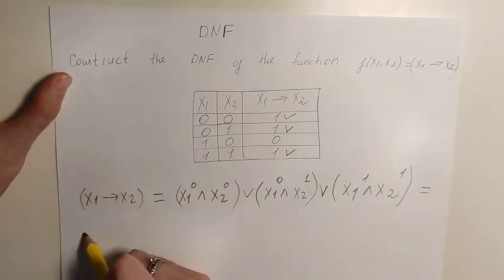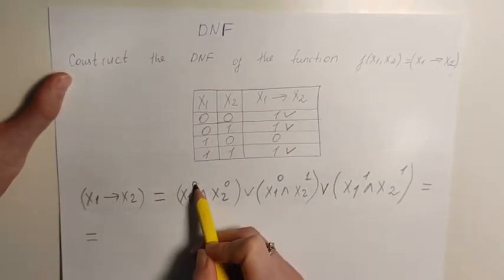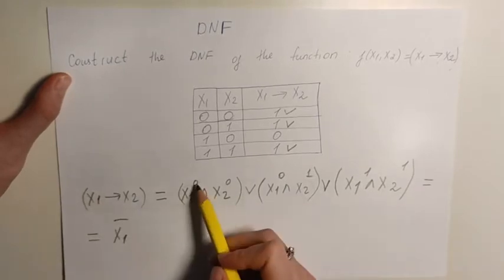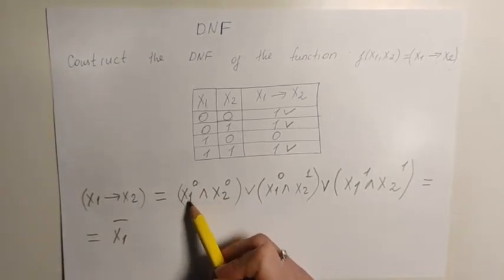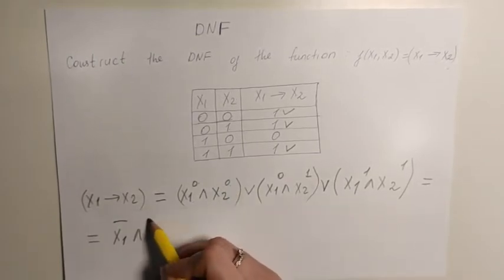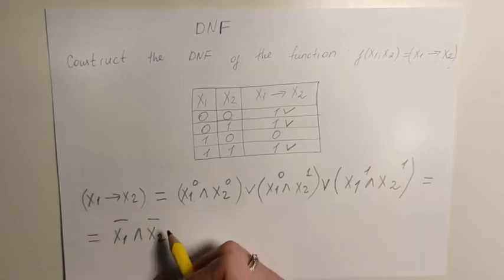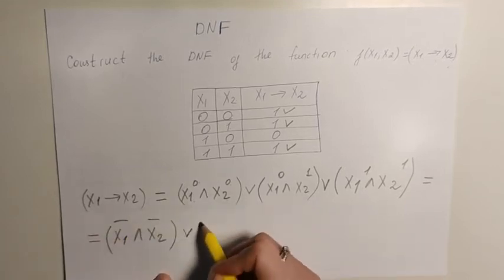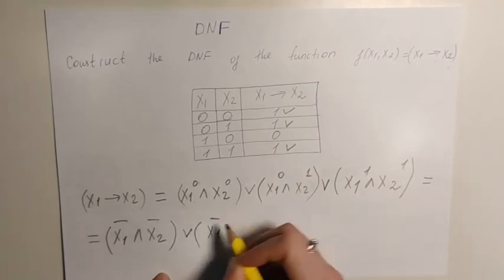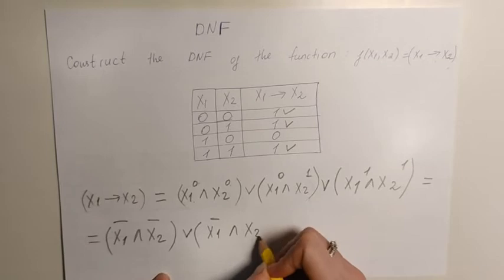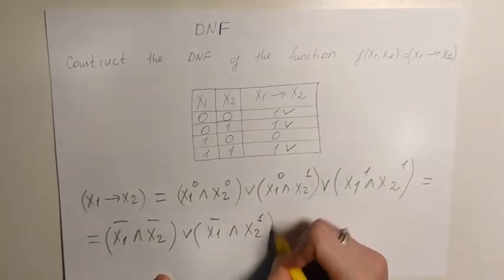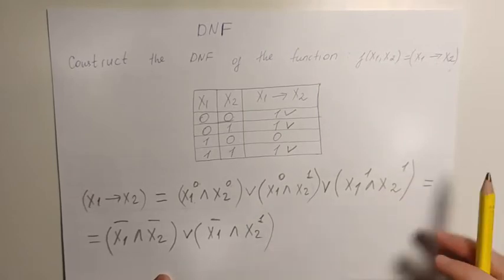For example, x1 is 0, we will replace it by x1 negation because the truth value of x1 is equal to 0. And x2 is 0, again we will replace it by x2 negation. Or x1 is 0, replaced by x1 negation, and x2 is 1, so we don't change it. It will remain the same.